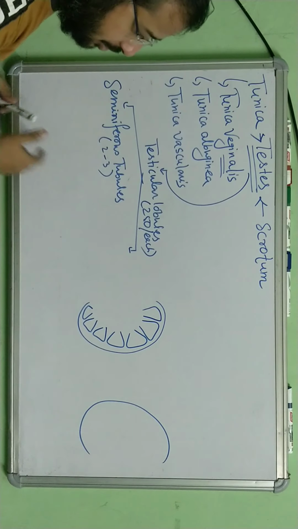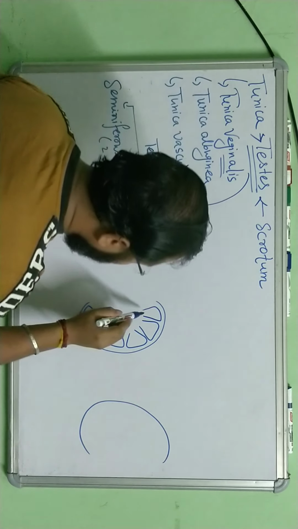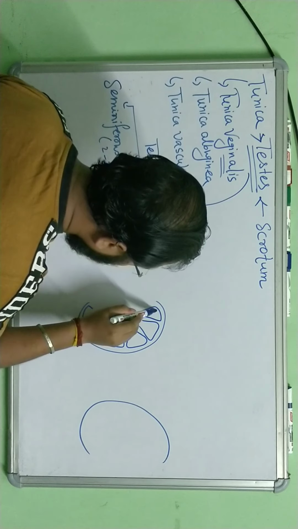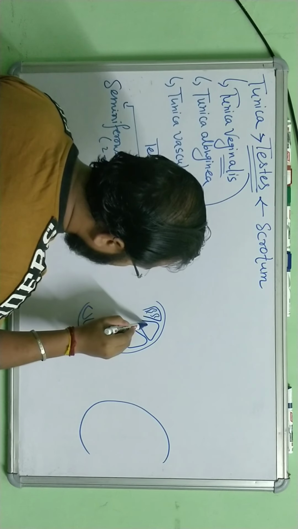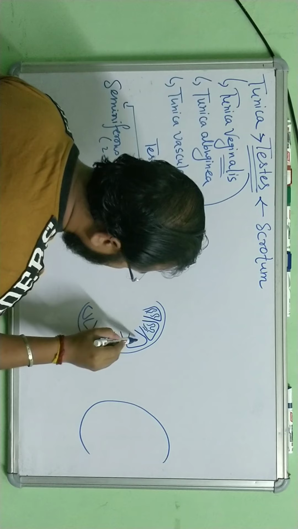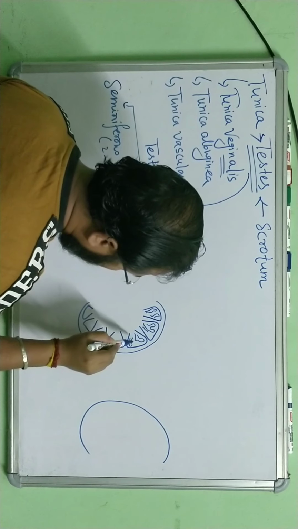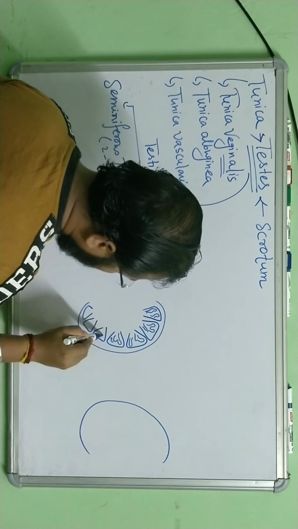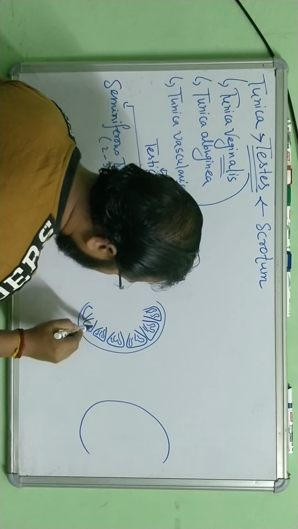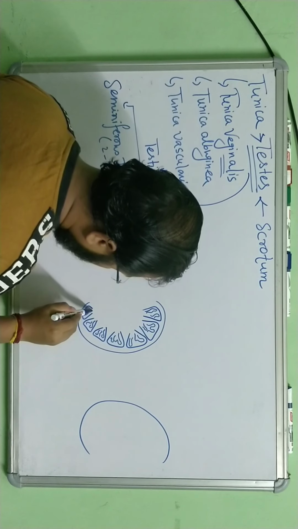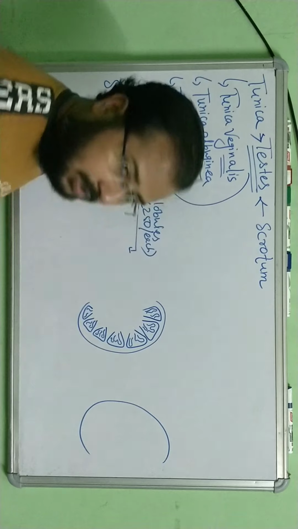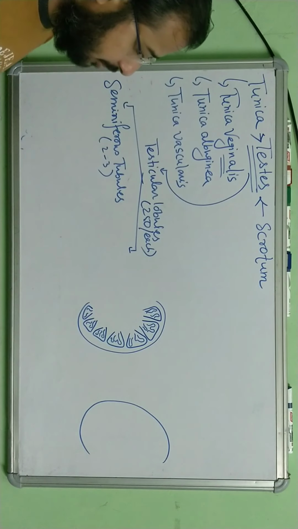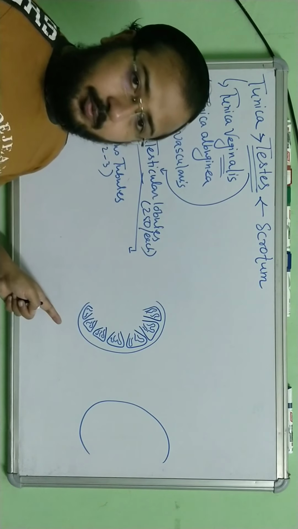So, seminiferous tubules, let us see. Very highly coiled structures. So these are the seminiferous tubules there in each testicular lobule.